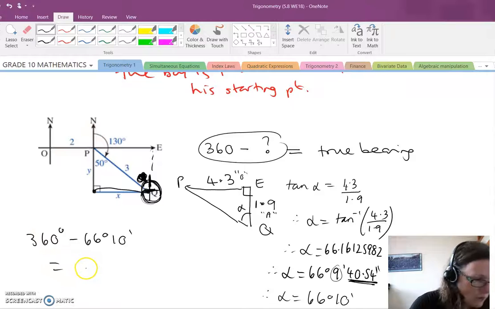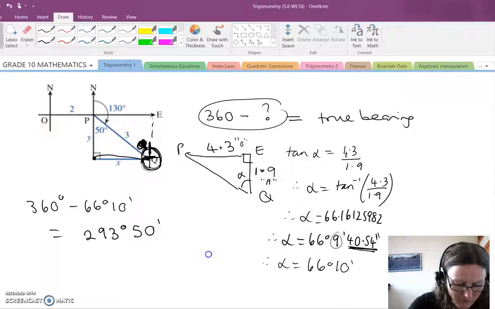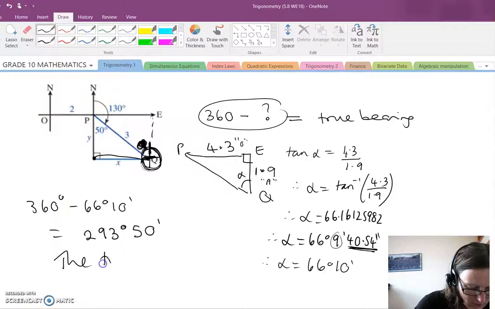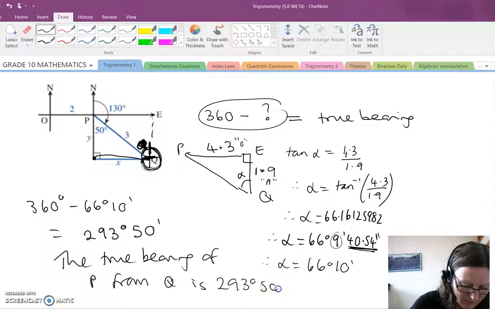That is 293 degrees and 50 minutes. Okay, so the last bit of the question, what is the true bearing of P from Q? The true bearing of P from Q is 293 degrees and 50 minutes.